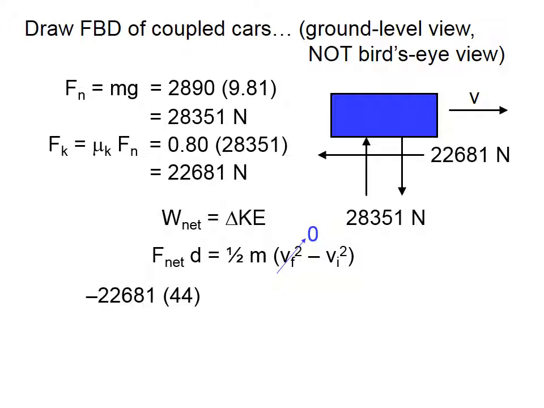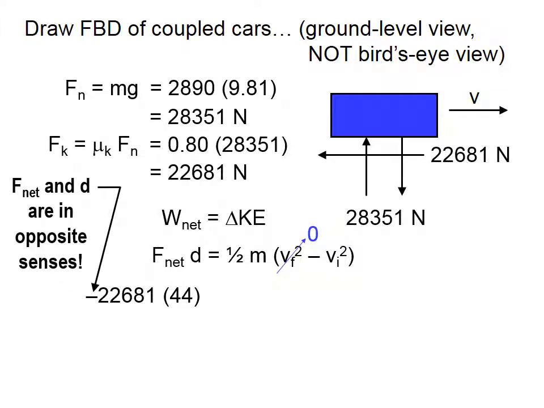The net force is the force of friction. The normal force and the weight cancel each other, so the net force is simply the friction force. I've put a negative sign in here because the net force and the displacement are in opposite senses. The car is sliding to the right, as I've shown it in this diagram, and the friction force is acting to the left, so we have to put a negative sign there.